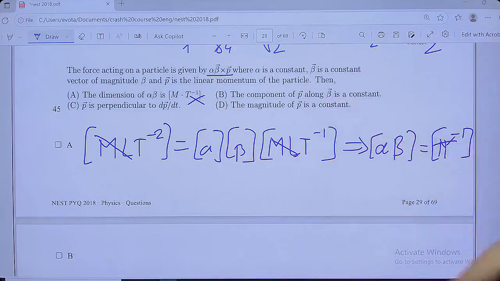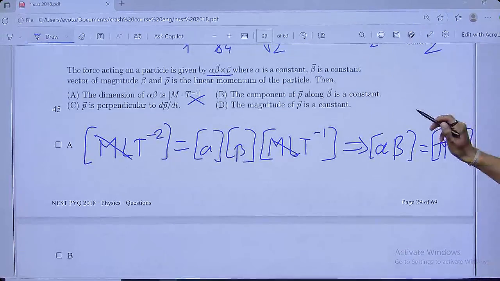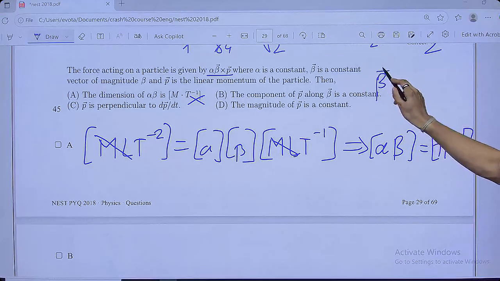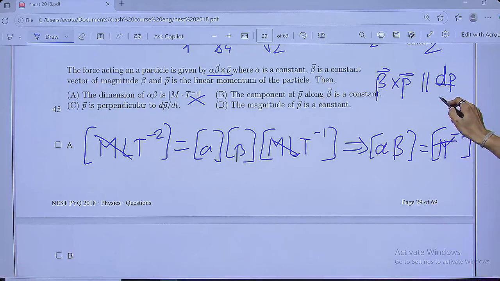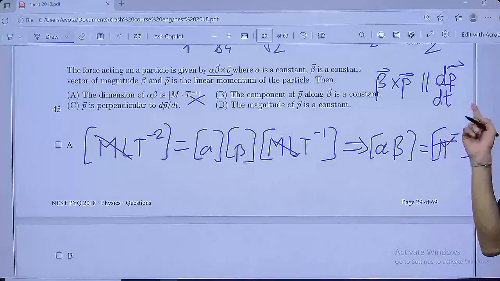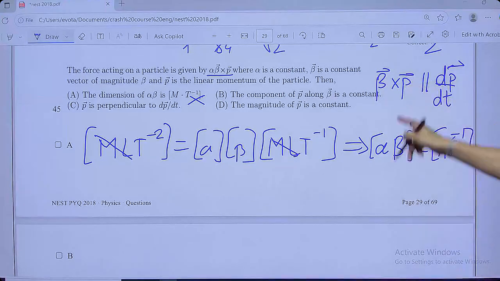Now we need the component of P along beta, whether it is a constant or not. How will we get component of P along beta? We know that the force is rate of change of momentum. Rate of change of momentum is force, right? So if the cross product of beta cross P is in the same direction of rate of change of P, this is only possible if the component of P along B is constant.